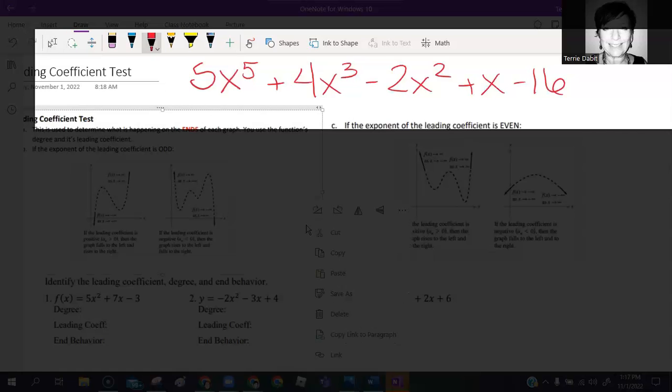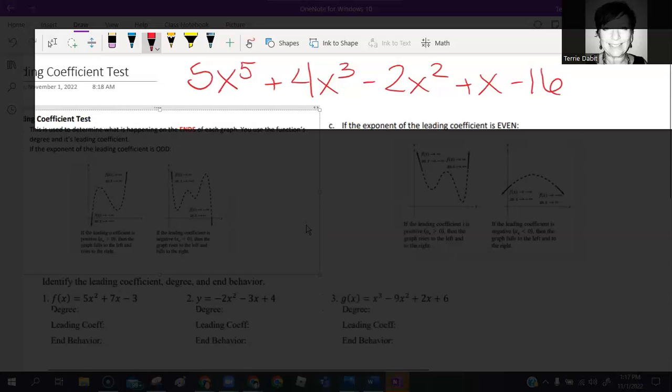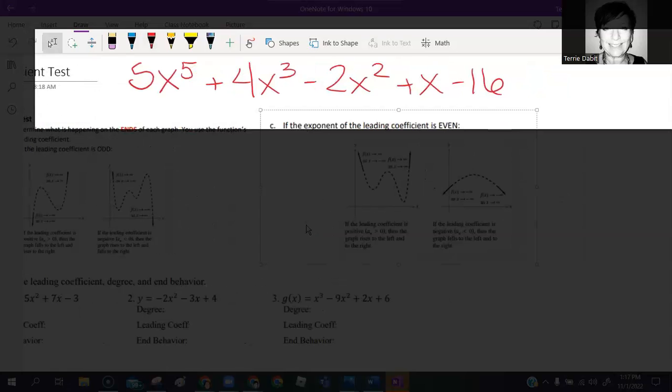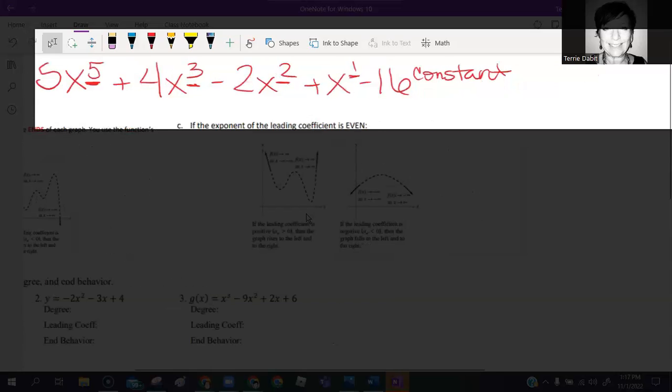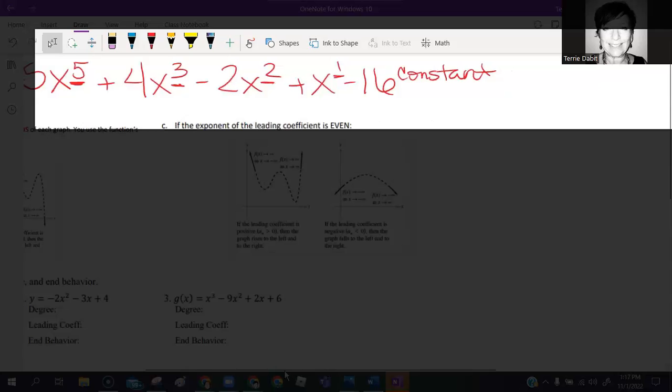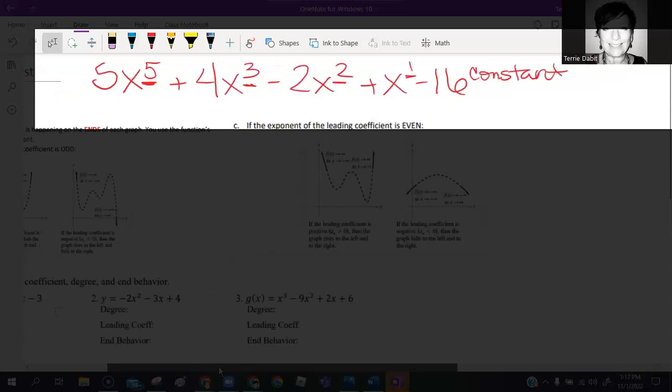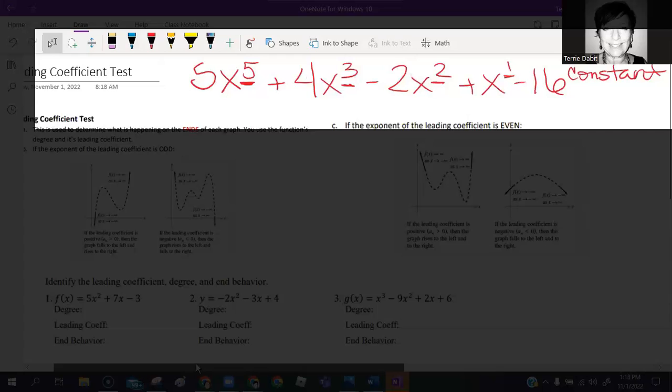Here is an example of one written in standard form. And you'll notice that we do a countdown. 5, I don't have 1 to the 4th, 3, 2, 1, and then my constant will be at the end. So, hold on, the screen is moving.